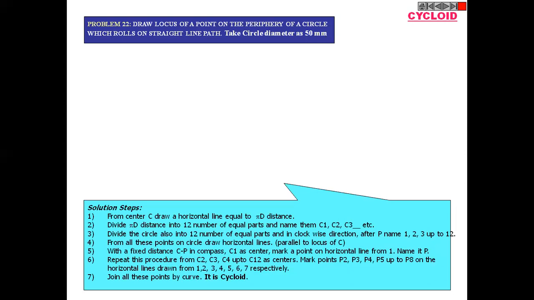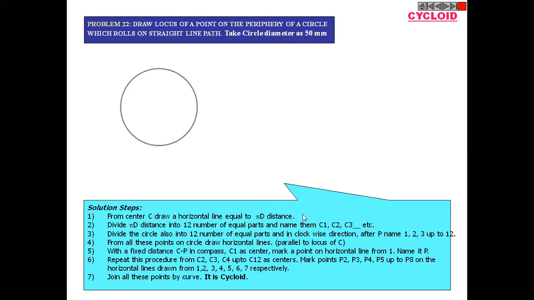Then draw a horizontal line. In this solution step, from center C, draw a horizontal line equal to pi d. Pi d means the circumference of this circle. The diameter is 50 mm, so first of all, calculate the length of the directing line.